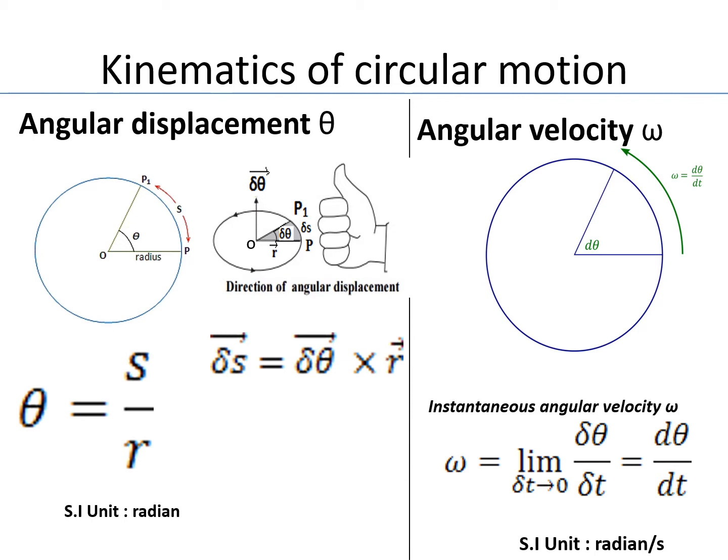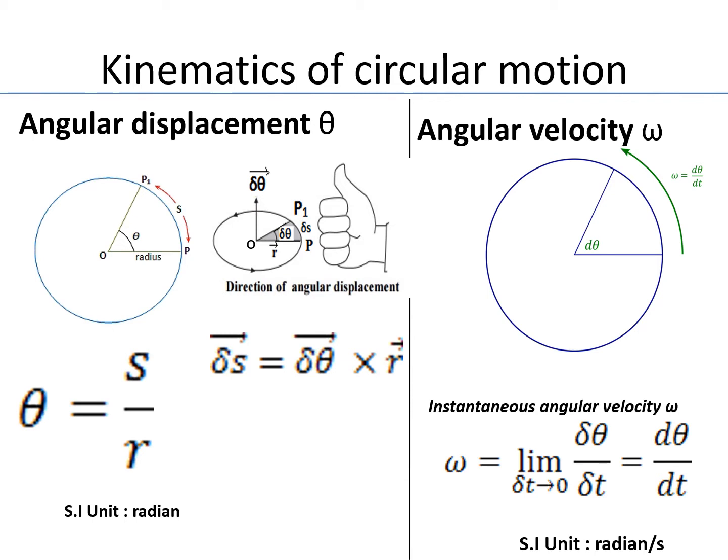Let us learn how to write down the angular displacement mathematically. Once again, concentrate on figure 1. If you consider the particle at point P at time t equal to 0, and the particle starts moving in anti-clockwise sense and reaches point P1 after time t, the angular displacement in this case will be theta.